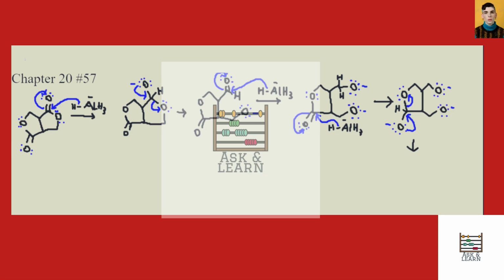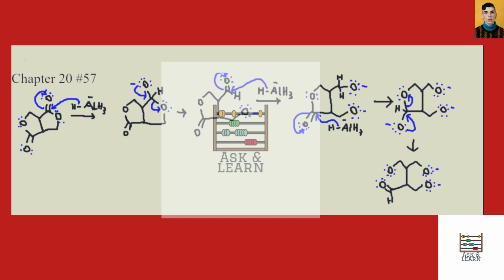Both rings have been opened, and so we have 3 alkoxides and an aldehyde. So here's our aldehyde. Again, just as in the first part of this mechanism, one more hydride will be delivered, and that will give us our final reduction.